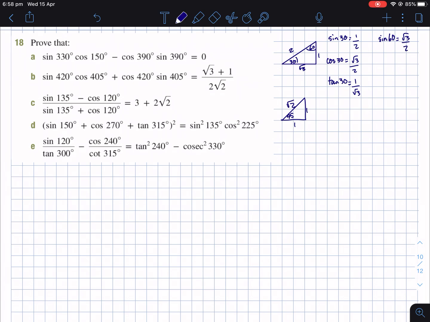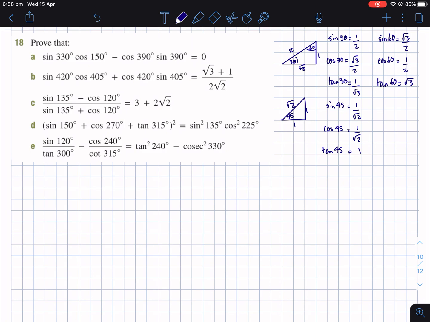Notice how it just swaps with cos. Cos 60, half, tan 60, turn it upside down, it's root 3 on 1, which is root 3. Sine 45, 1 on root 2. Cos 45, 1 on root 2, if you can draw a square root, which I apparently cannot. Tan 45, 1 on 1.